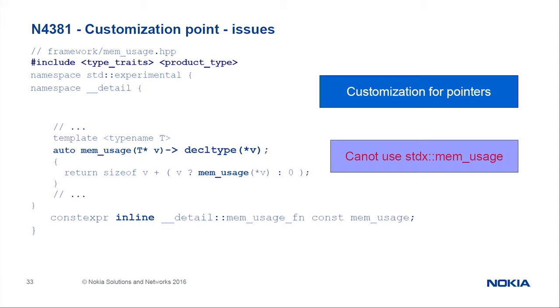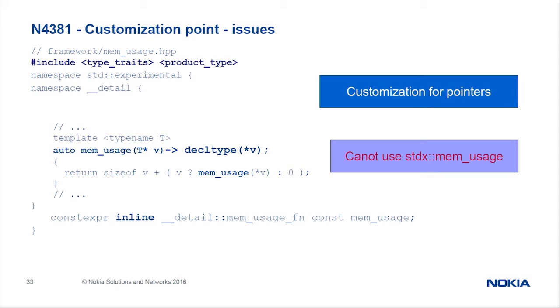How do we customize, for example, the size used by a pointer that owns something? Then we need to add in the detail namespace this overload for mem usage, and we will say it is the size of v, and if there is something pointed to by v, we will add the memory usage of the thing we point to.